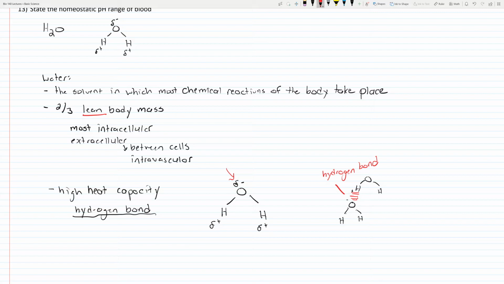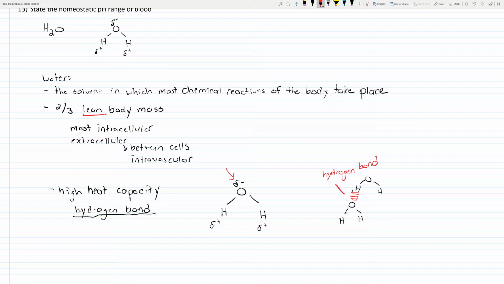And if you've ever wondered why ice expands: if you look at pretty much every other liquid on Earth, when you take the liquid and freeze it, it actually contracts. It gets smaller. But in water, if you take a liquid and freeze it, it actually expands outward. The reason is the hydrogen bonds.